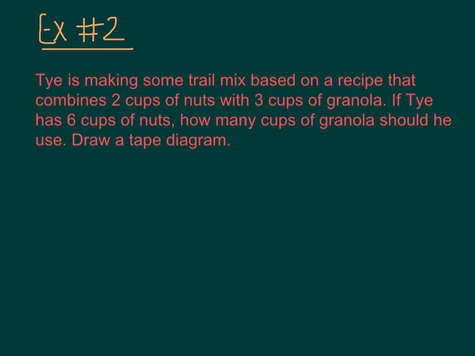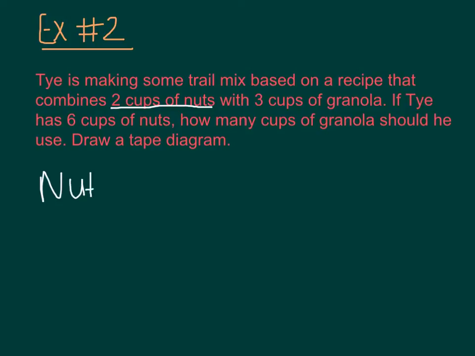Example number 2. Ty is making some trail mix based on a recipe that combines 2 cups of nuts with 3 cups of granola. If Ty has 6 cups of nuts, how many cups of granola should he use? Draw a tape diagram. So I want you to pay careful attention to the tape diagram. So we have 2 cups of nuts.